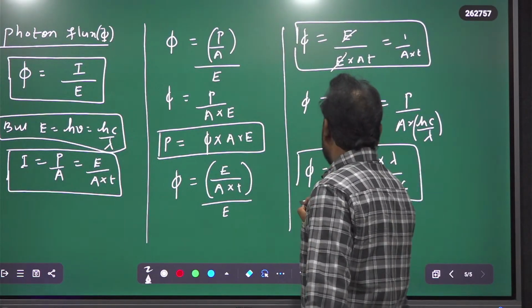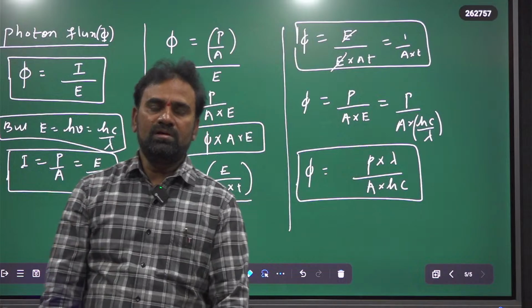So these are the different forms of a photon flux.